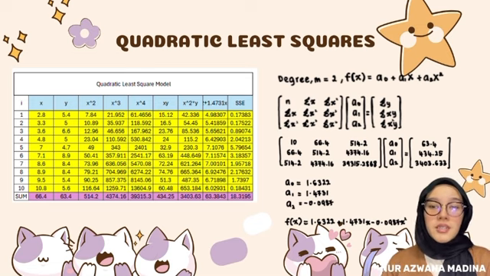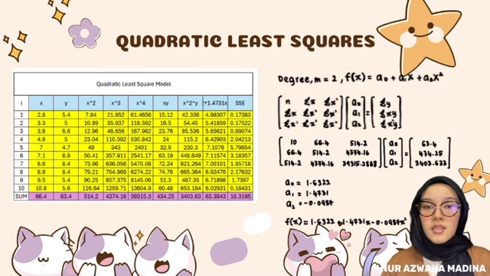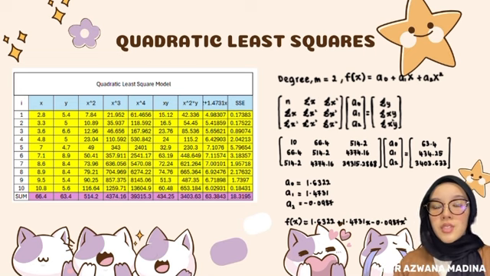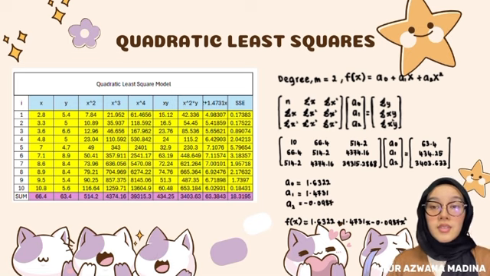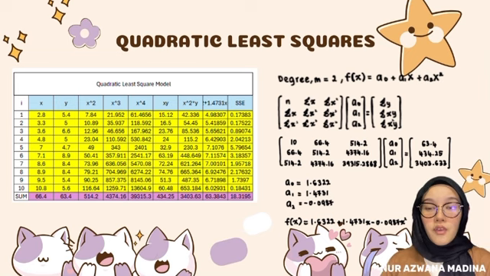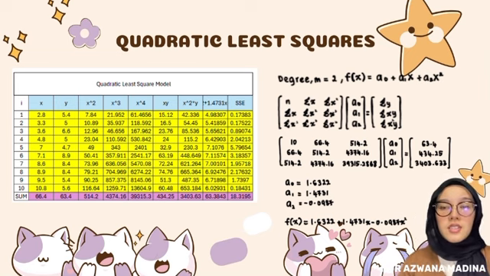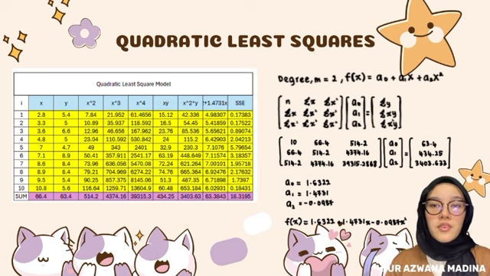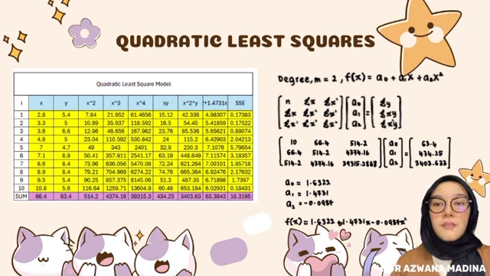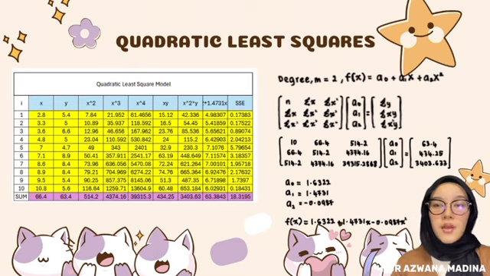By solving the matrix, it gives us the coefficients a0 equal to 1.6332, a1 equal to 1.4731, and a2 equal to negative 0.0987. By getting the coefficients, the final model is f(x) = 1.6332 + 1.4731x - 0.0987x^2.